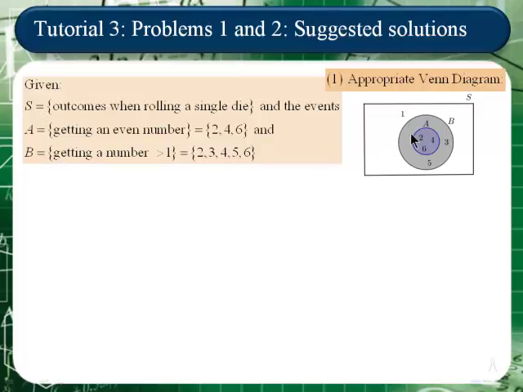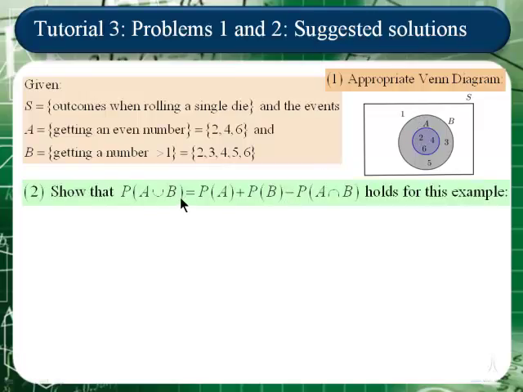In other words, set A is contained within set B. So we want to show that this relationship between the probabilities of the two events as well as their union and intersection will hold.